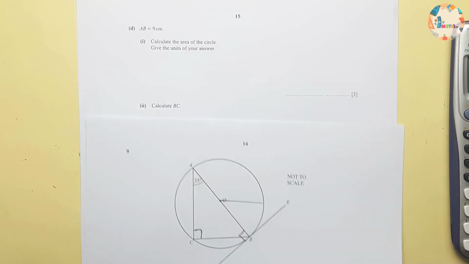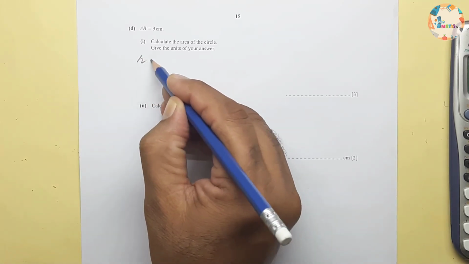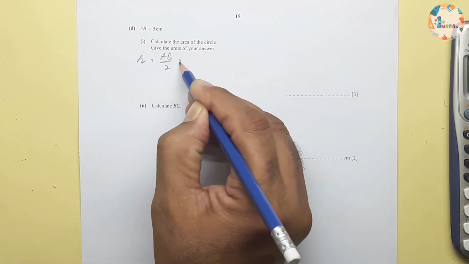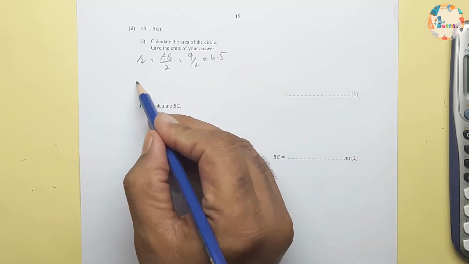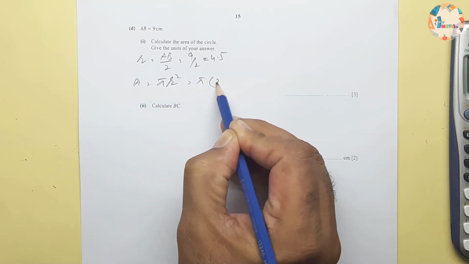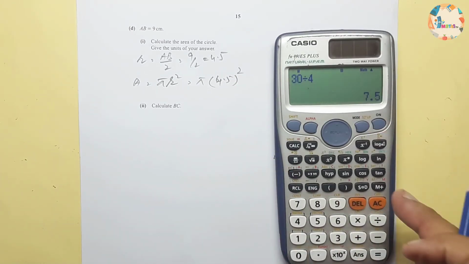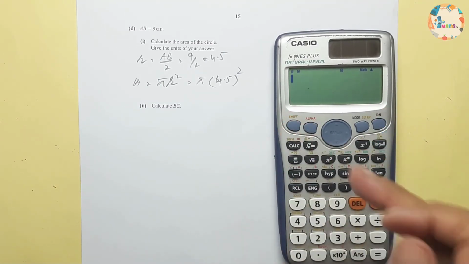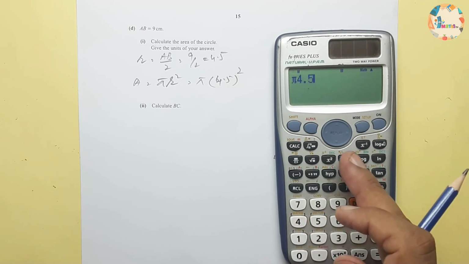So AB is 9, it means radius will be half of 9, which is 4.5. So we can write radius is equal to AB by 2, which is 9 by 2, which is equal to 4.5. Then area is equal to pi r squared, so pi multiplied by 4.5 squared.